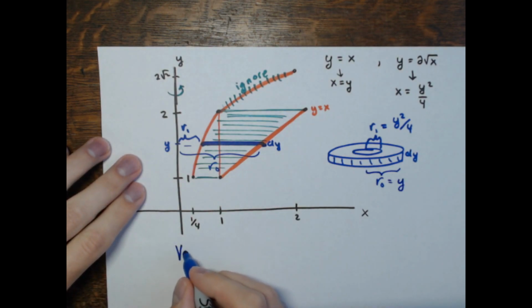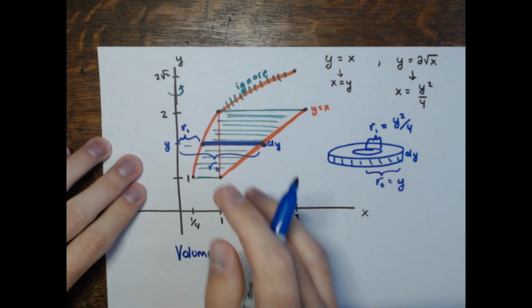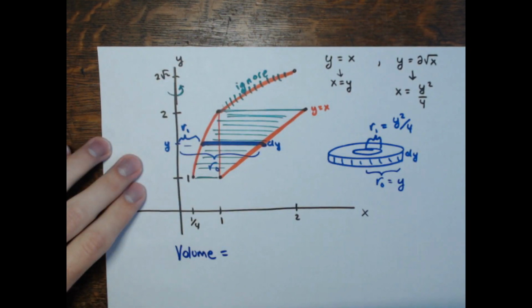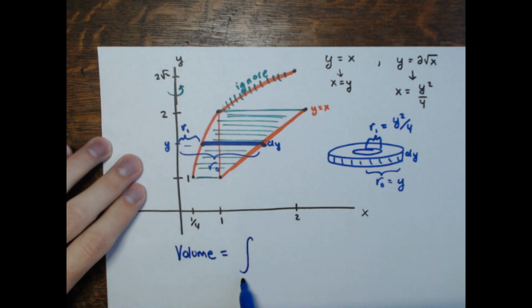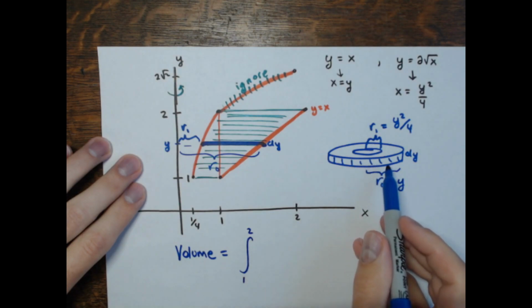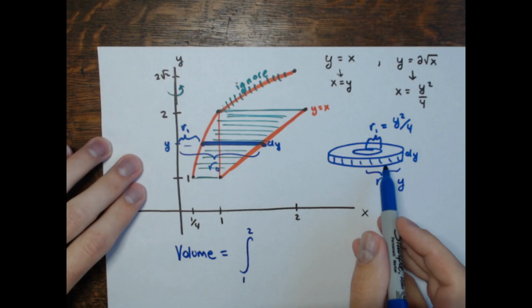So the total volume of this entire shape rotated around the y-axis: I'm doing this washer thing for every y value from 1 to 2. So I'm going to go from 1 to 2 of the volumes of these washers added up.